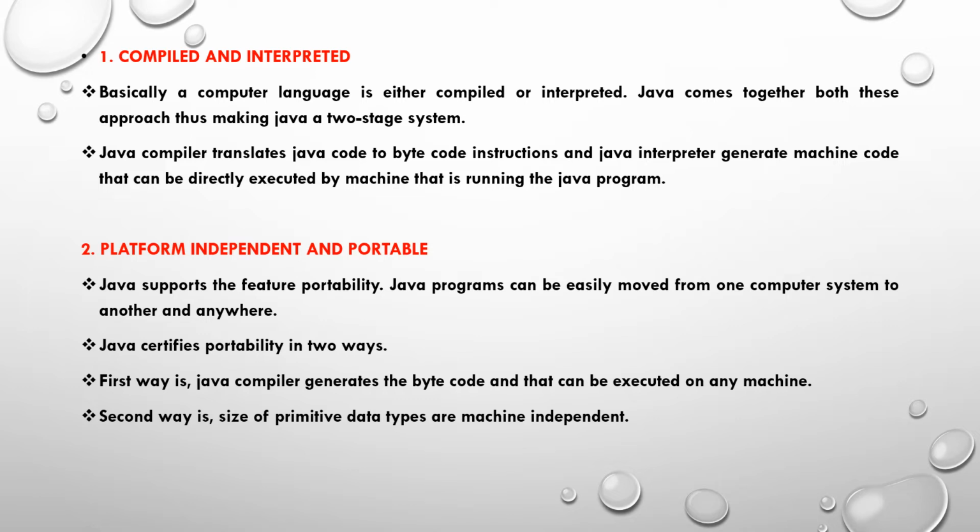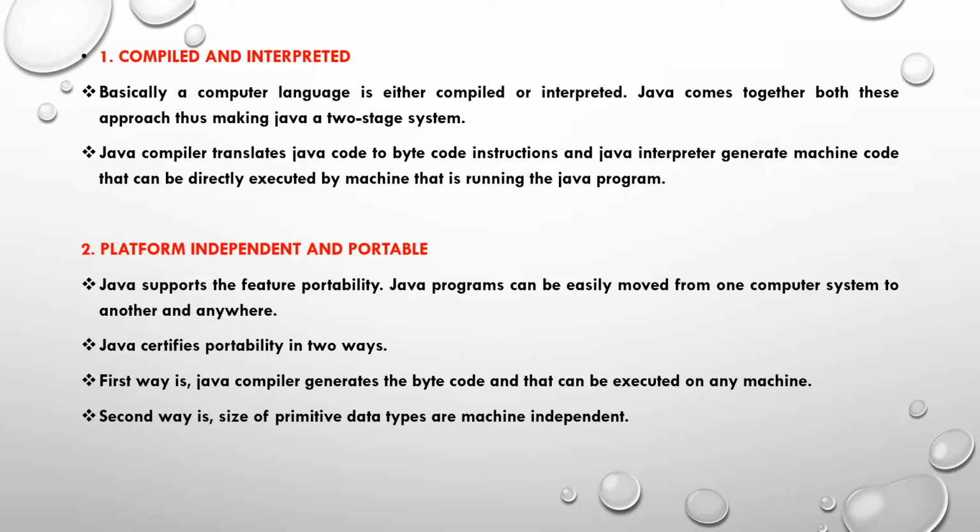First, let me explain compiled and interpreted. So what is compiled and what is interpreted? Basically, many computer languages like C and C++ are either compiled or interpreted. But Java combines both these approaches.